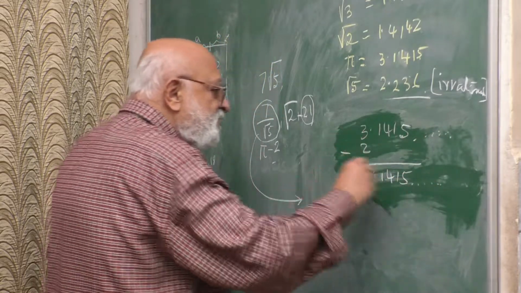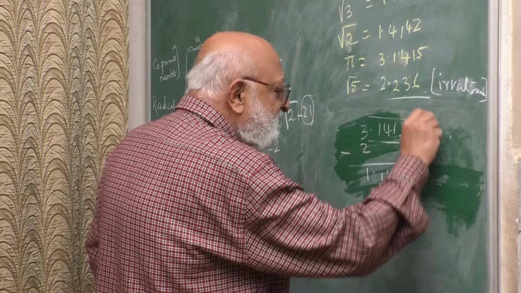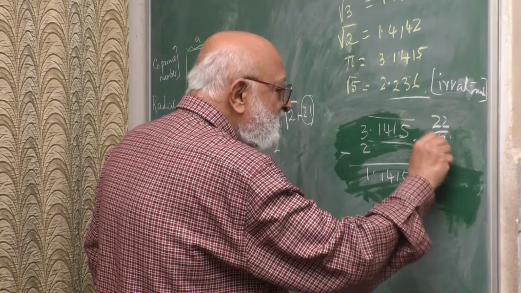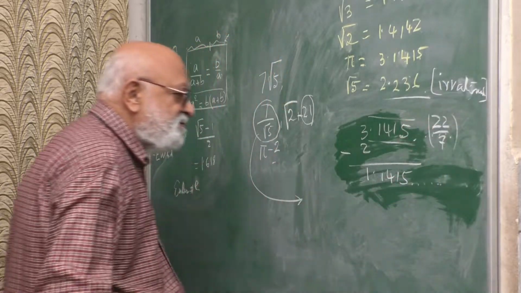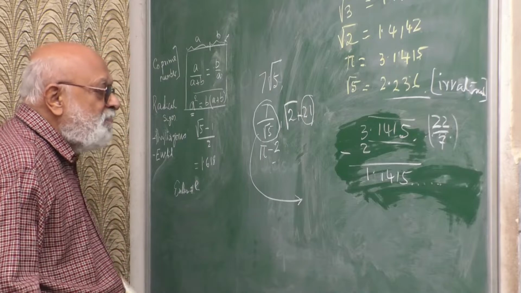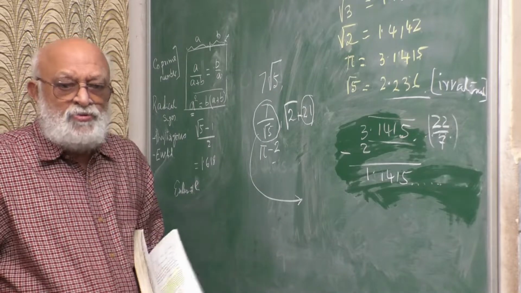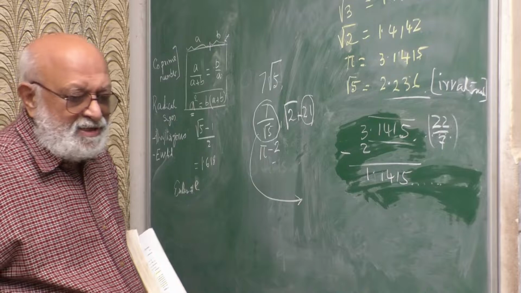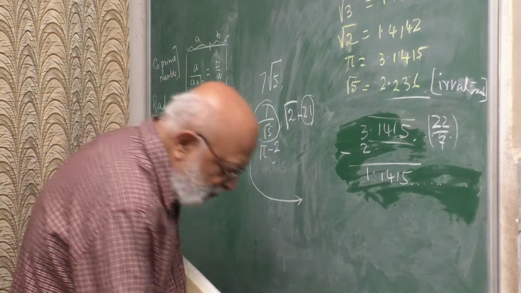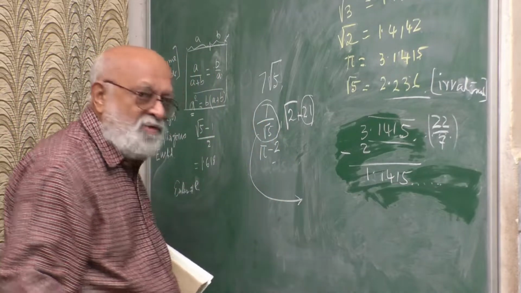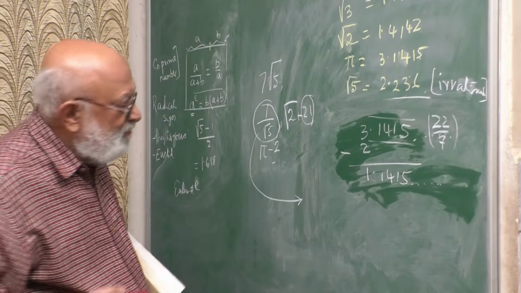Many times instead of this value of pi, we take it as 22/7, but that is an approximation. It is good enough for us to do mensuration problems and other numerical problems.